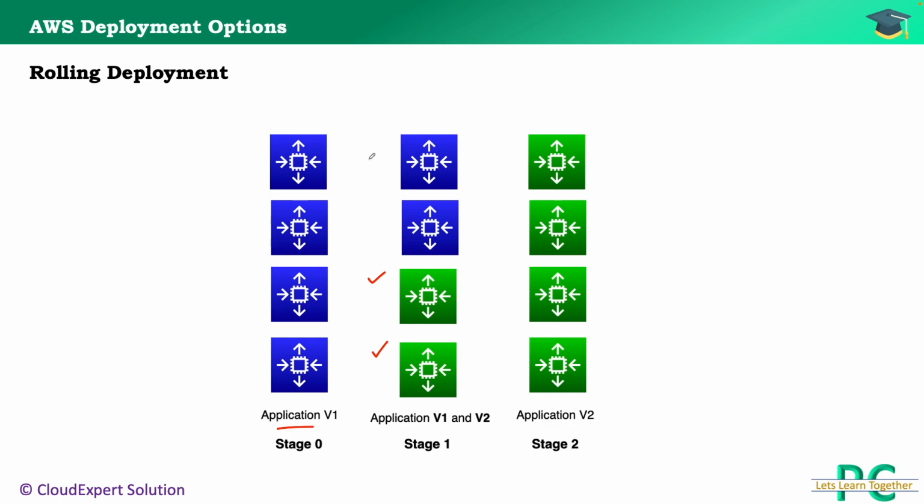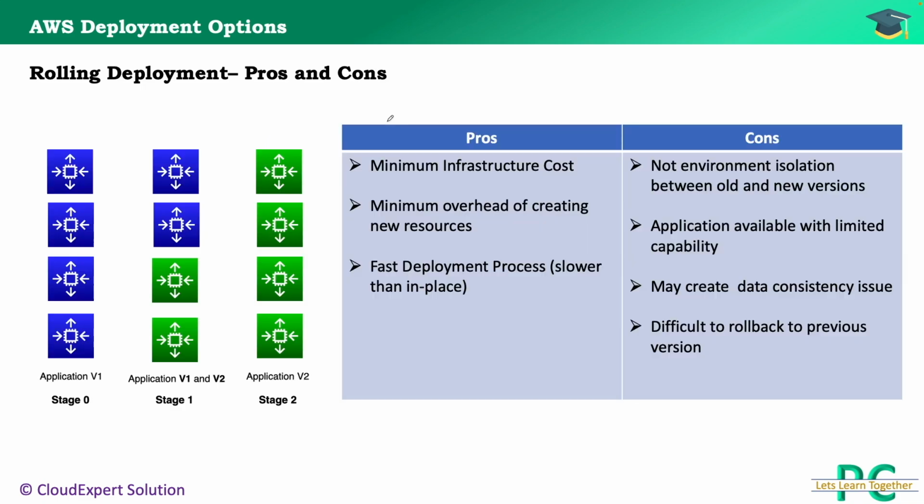If we compare the rolling deployment with in-place, in in-place there was a brief downtime, but in rolling deployment, there will be no application downtime. However, the application will not be available with its full capacity. Now let's review the pros and cons. Again, minimum infrastructure cost, as we are not adding any additional infrastructure.